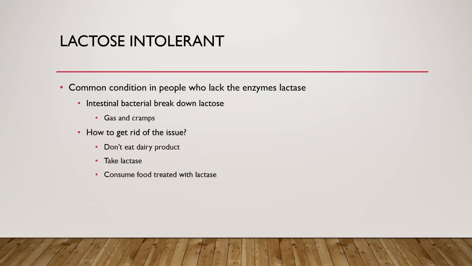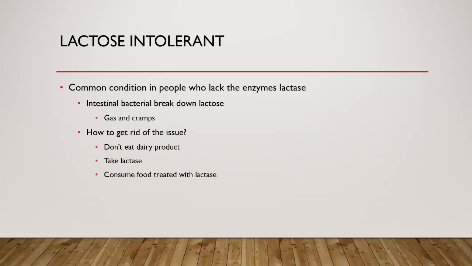A very common condition today is lactose intolerance. People with lactose intolerance lack the enzyme lactase to break down lactose. This leads to the bacteria in the intestine breaking down lactose, as a result causing them gas and cramps in the stomach.